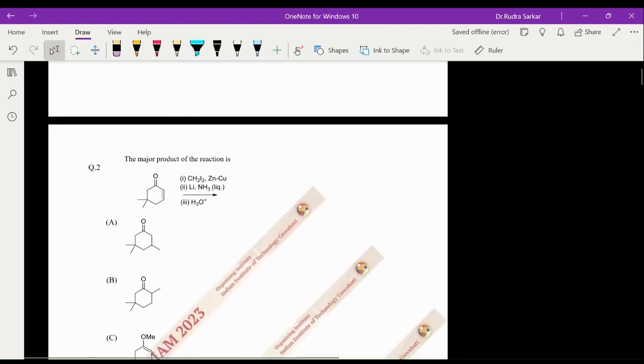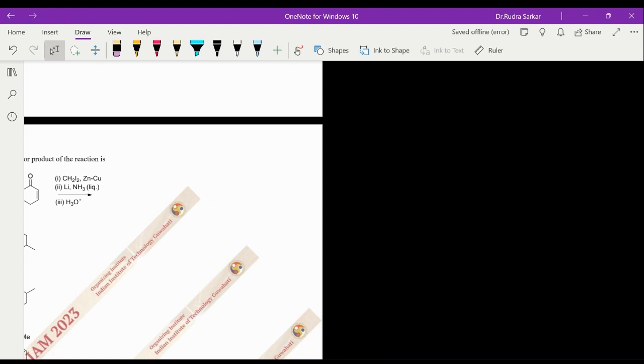Okay, let us try to solve question number two. So when we are using reagent number one, let us try to solve here. So suppose this is the molecule given to us.